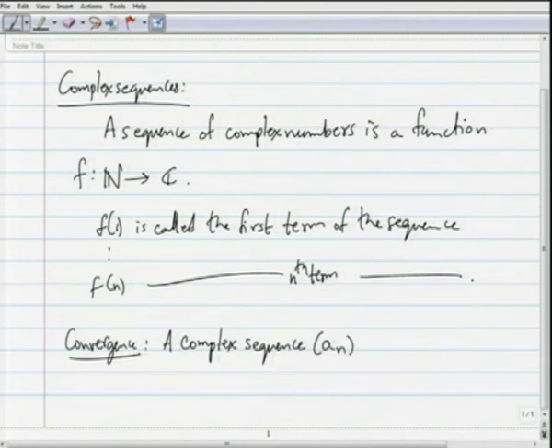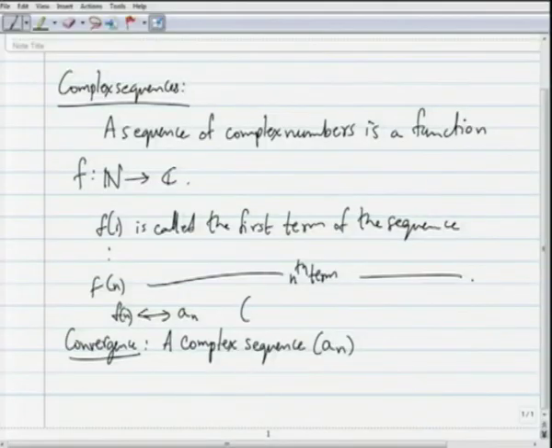So, f of n is also denoted by a subscript n sometimes, the nth term of the sequence. And usually when one writes a n in parentheses like this, that means the sequence f, whose nth term is given by a subscript n.